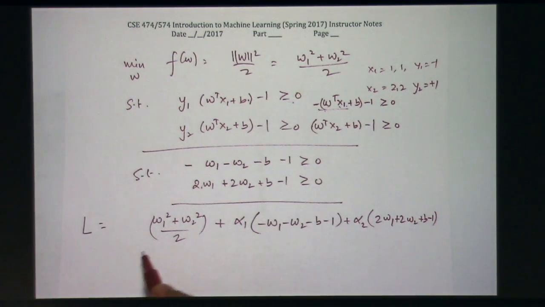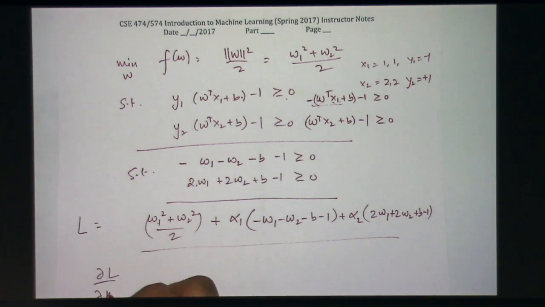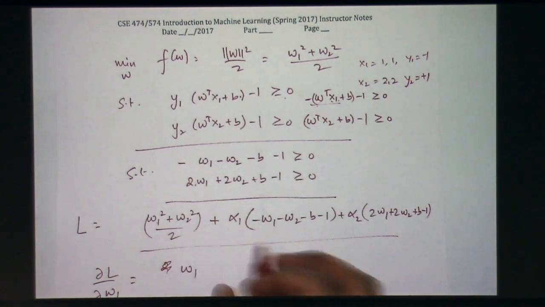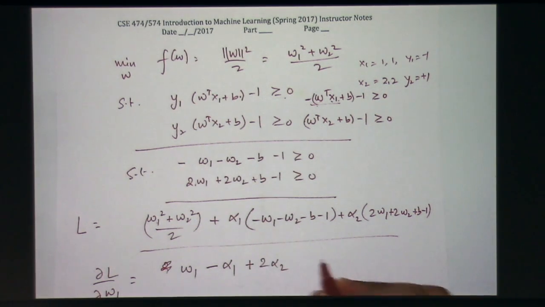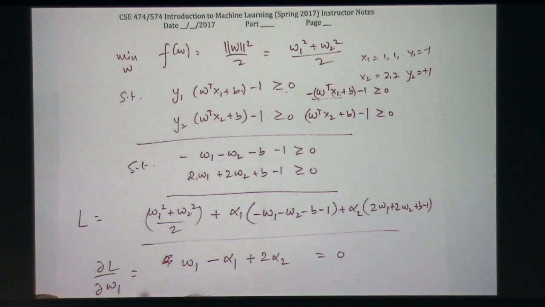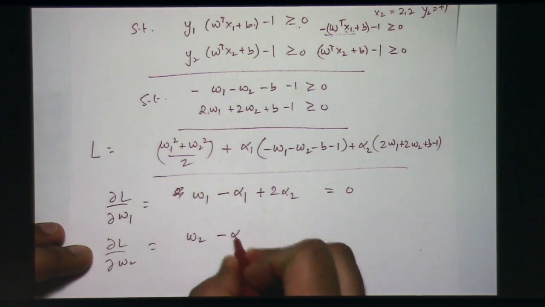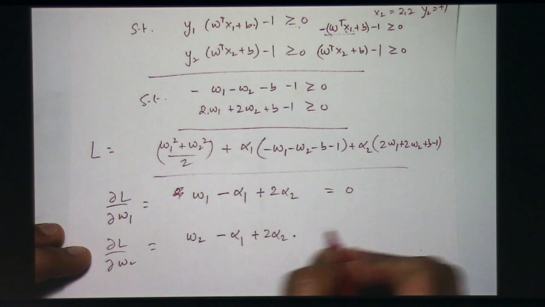So what we can do is compute the partial derivative of this with respect to w1, w2, alpha 1 and alpha 2. So dL by dw1 will be equal to w1 minus alpha 1 plus 2 alpha 2, and this is equal to 0. And then dL by dw2 will be the same, w2 minus alpha 1 plus 2 alpha 2 equal to 0.